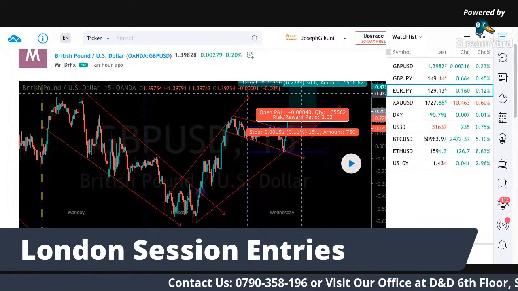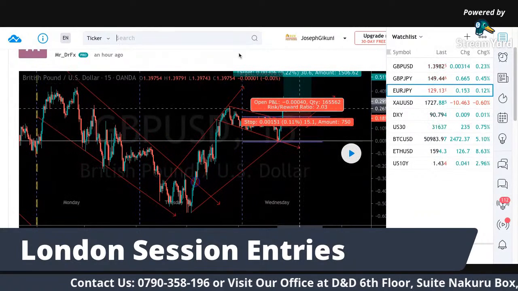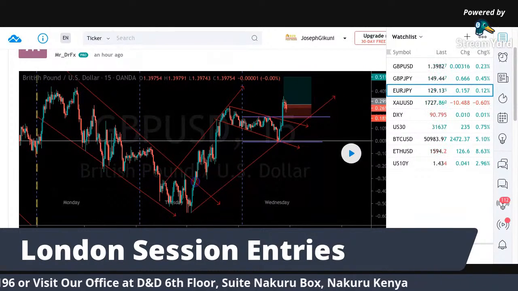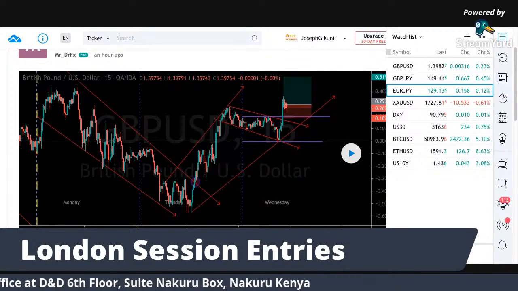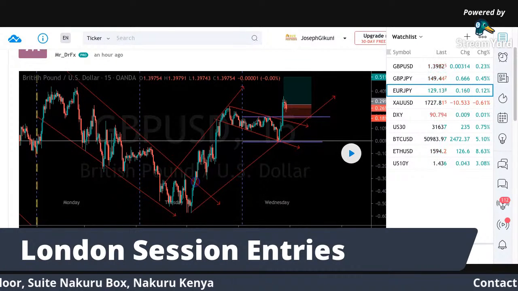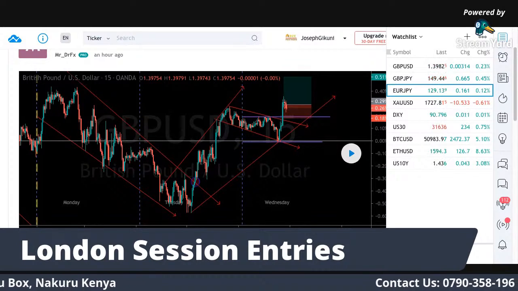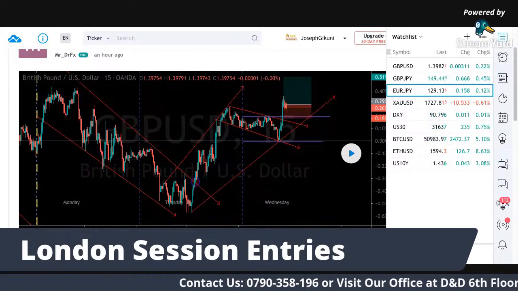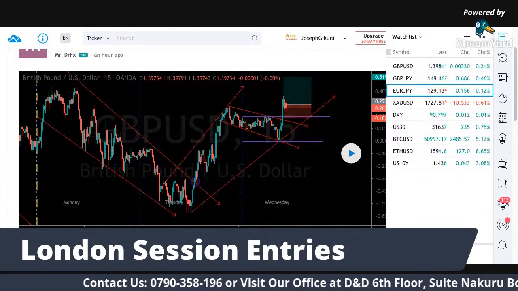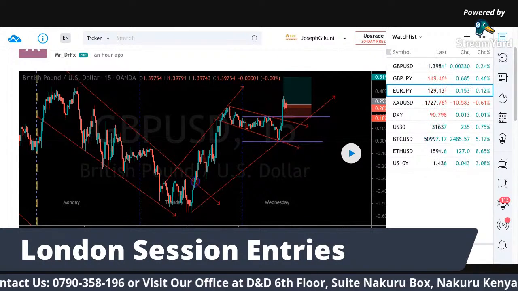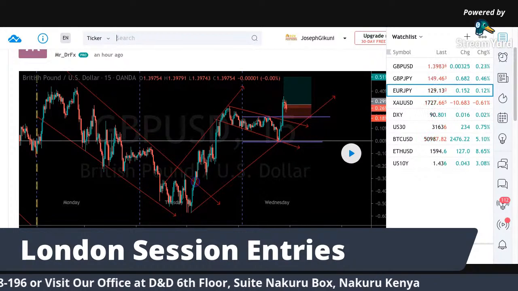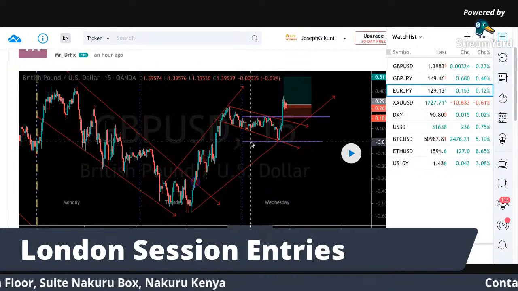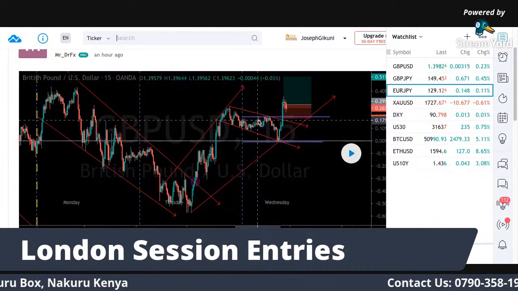From Monday and Tuesday, we had a kind of a downtrend. Actually, from last week, we had a downtrend in Geo, isn't it? Yeah, it was trending downwards from last week. If you look at yesterday and today, it kind of gave us a reversal and is moving up. Look at that channel I drew today, it takes in Asia and yesterday.